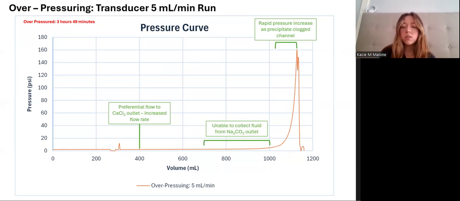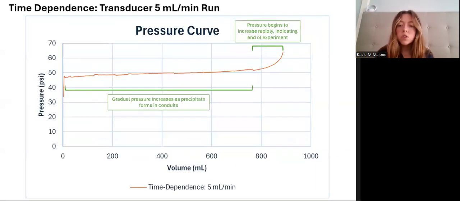And this 3-hour time frame was actually used for the time dependence run, so we could exclude clogging effects on our precipitation patterns. So this next pressure curve represents the time dependence run, where the experiment was stopped again after 3 hours, instead of relying on overpressuring as our shutoff parameter.